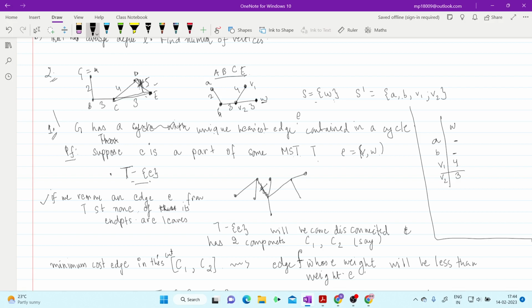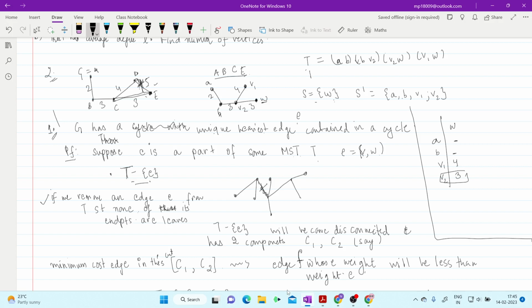So we can choose this. Our initial minimal spanning tree was AB, BV2, V2W and V1W, and this was containing the heaviest edge.